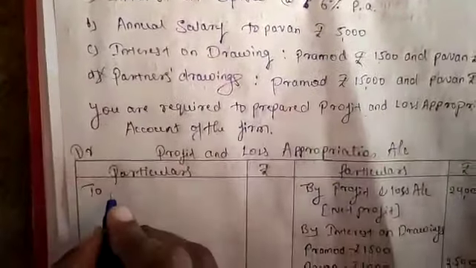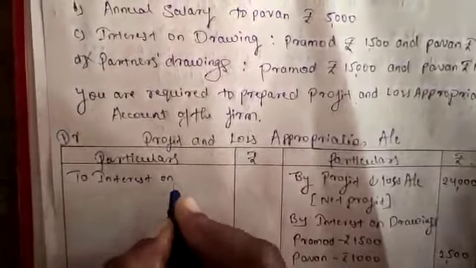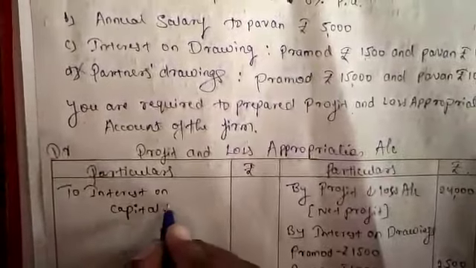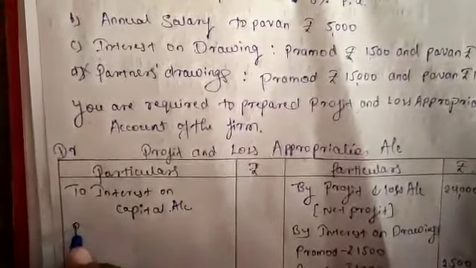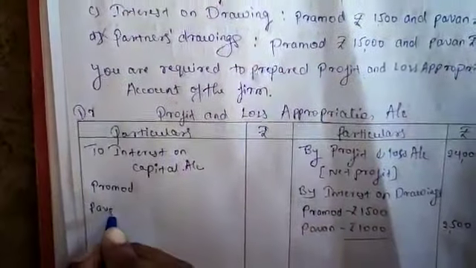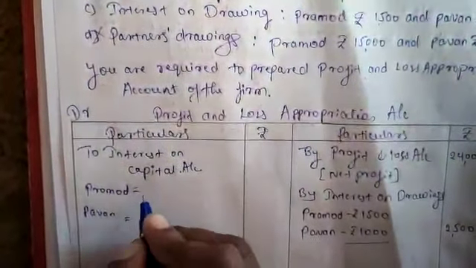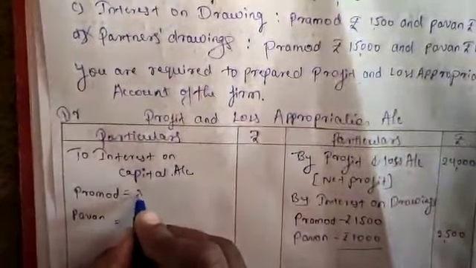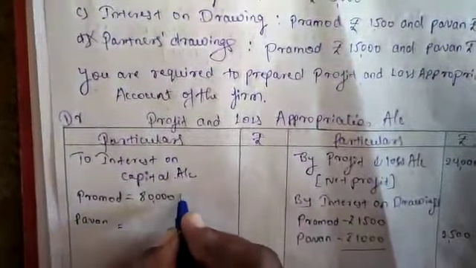So here first you take interest on capital. Both partners' interest on capital, first one Pramod and Pawan. Pramod's initial investment is 80,000.